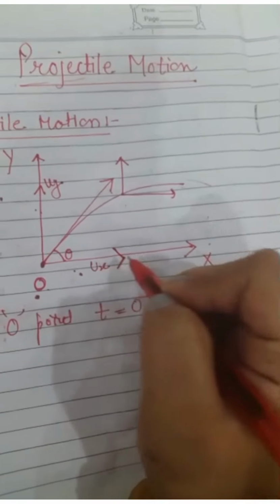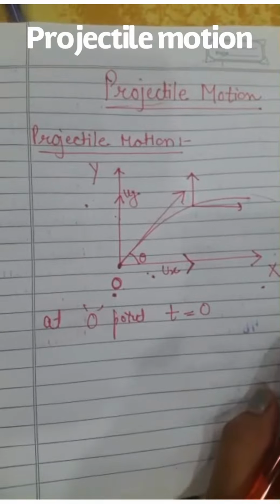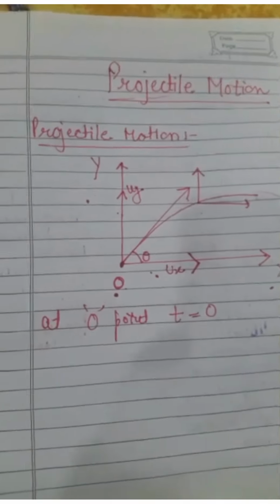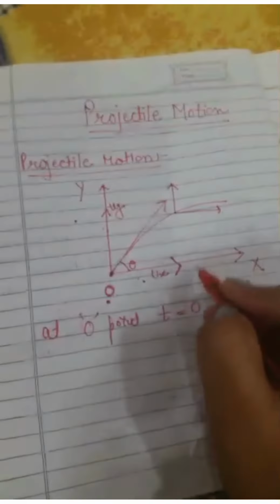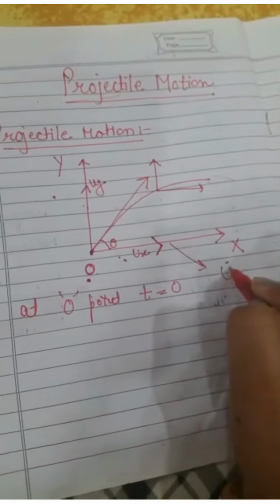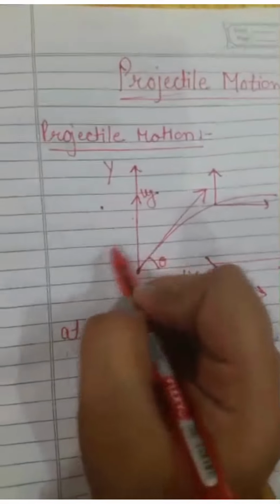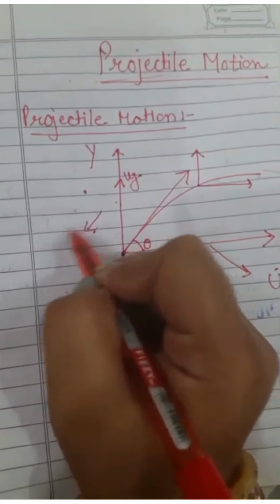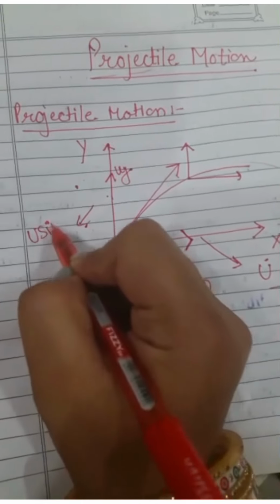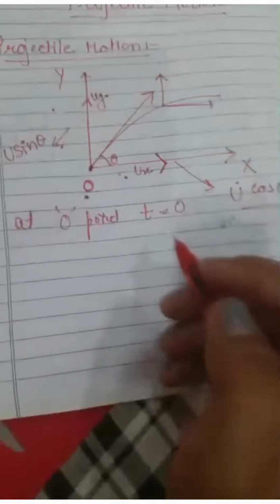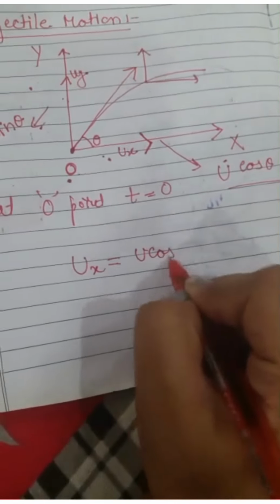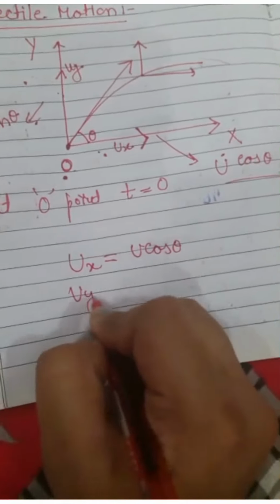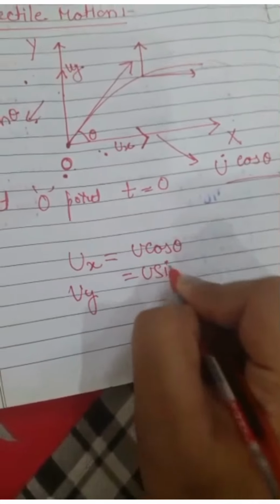We divide the initial velocity into two components: cos theta and sin theta. Along the x-axis we take the component u cos theta, and along the y-axis we take the component u sin theta.